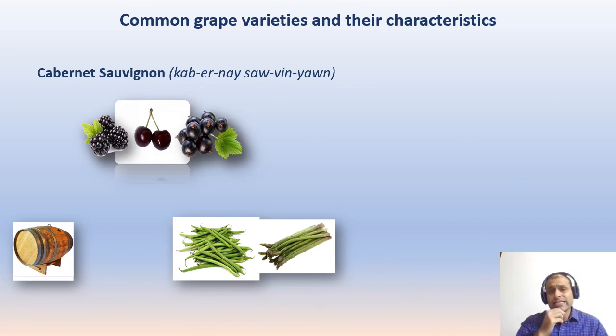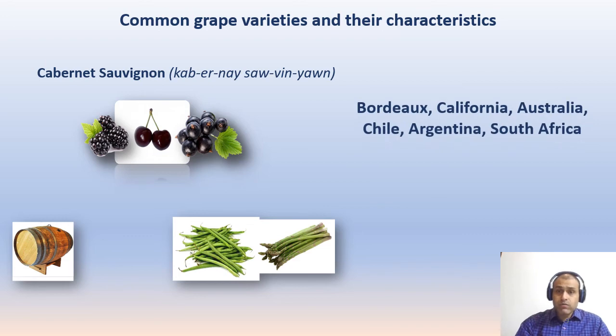So Cabernet Sauvignon is a very famous black grape, which comes from generally these regions right here. Bordeaux. Bordeaux is one of the most famous regions for Cabernet Sauvignon, where it's blended with Merlot, and you can say it's sort of a home for Cabernet Sauvignon.